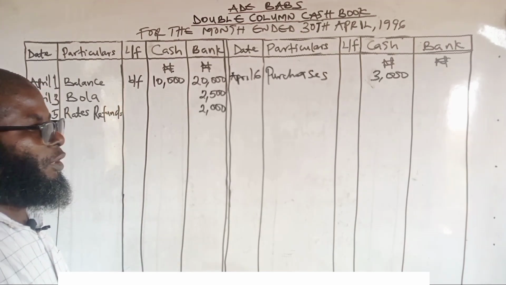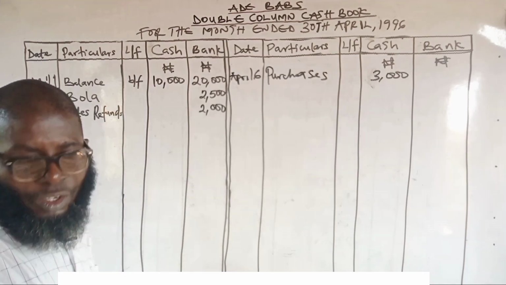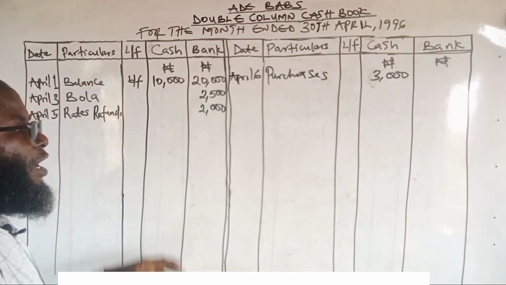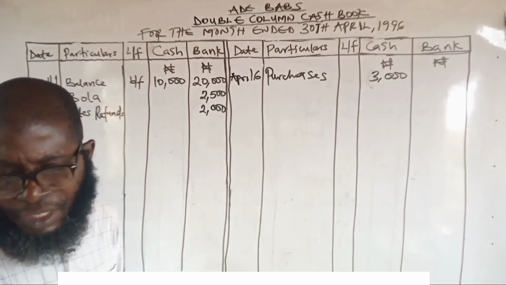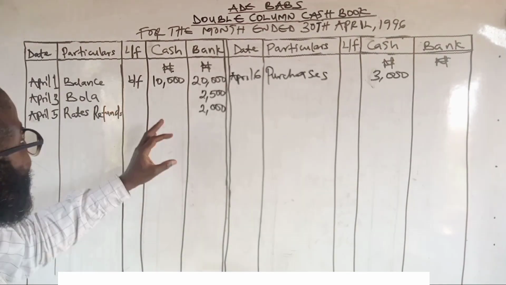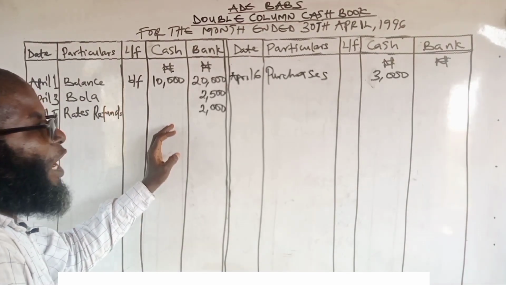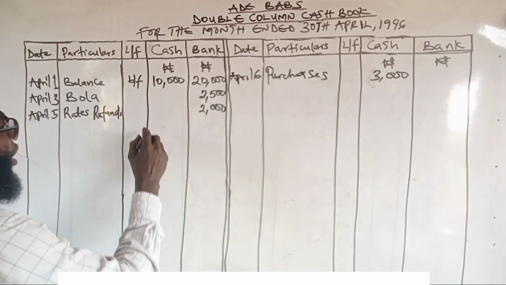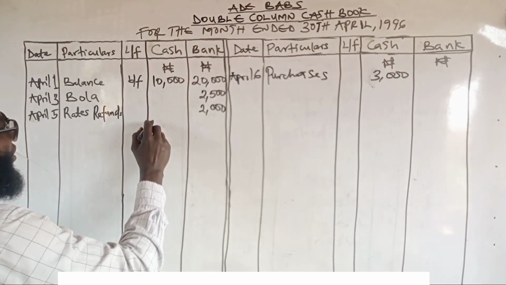This is my account. I withdrew 2,800 from the bank into the office for business use, meaning that the cash account in my office receives that 2,800 naira. I will come here on the cash column. It is the receiver.